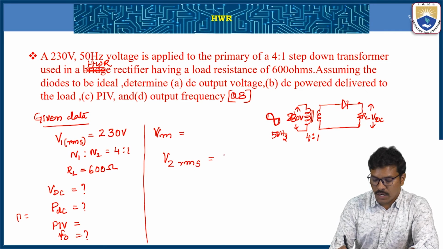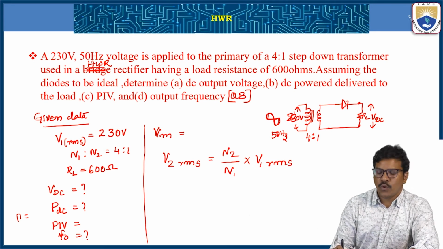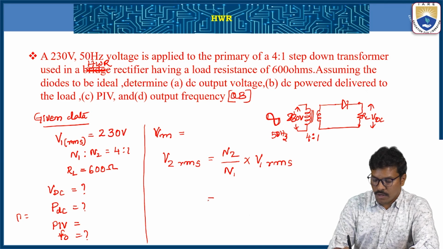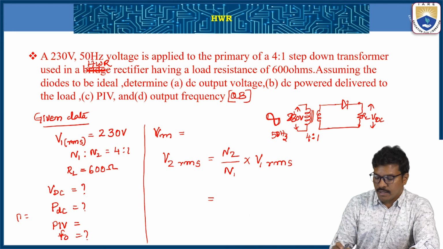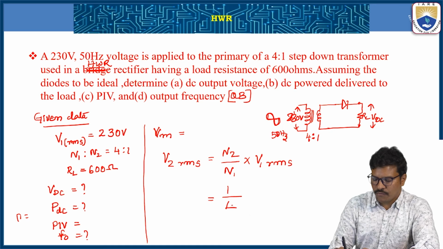V2 RMS is equal to N2 by N1 into V1 RMS. We know that N2 is the secondary coil turns and N1 is the primary coil turns. So N2 is 1, N1 is 4, into V1 RMS.